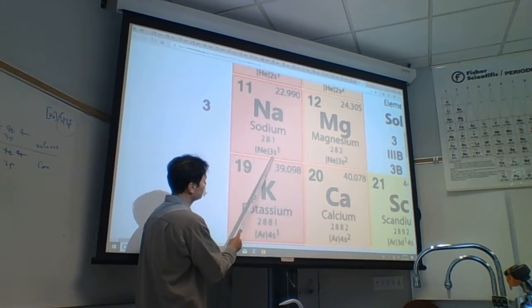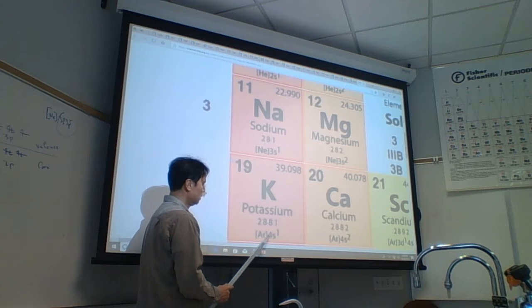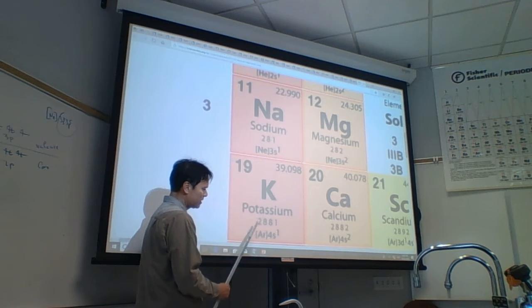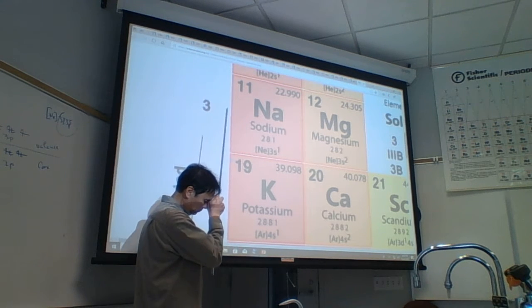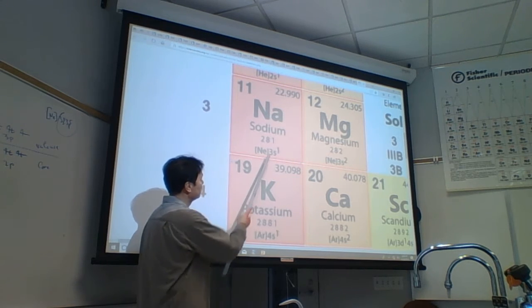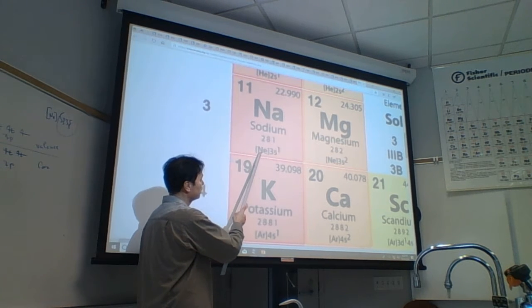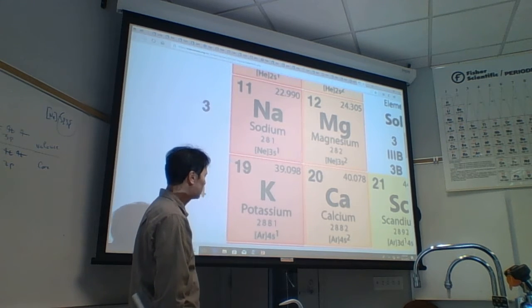So sodium's 3s1, potassium's 4s1. Both sodium and potassium want to do what? Do they want to gain 7 electrons or lose 1 electron? Which one do you think is going to be easier? Lose 1. So if this one loses, then we're left with argon. If this one loses, then we're left with neon. When I say left with neon, it's not the element neon. It's the same number of electrons as neon.